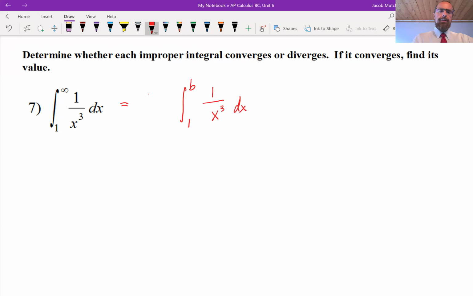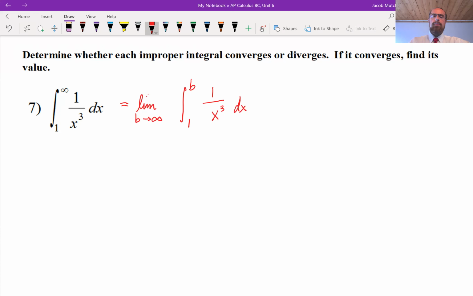But what I want to say out front is that I'm really taking the limit as b approaches infinity. So initially what we do is we just switch out the infinite limit of integration with a limit out front.